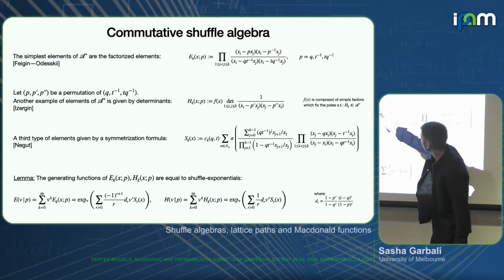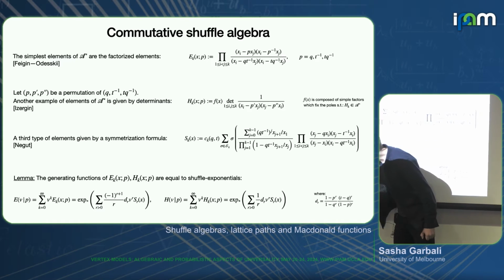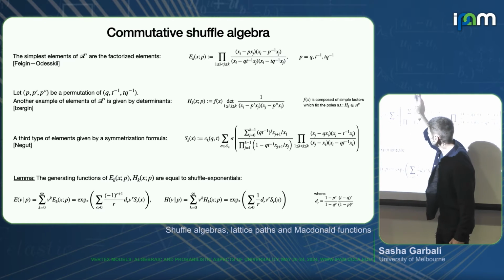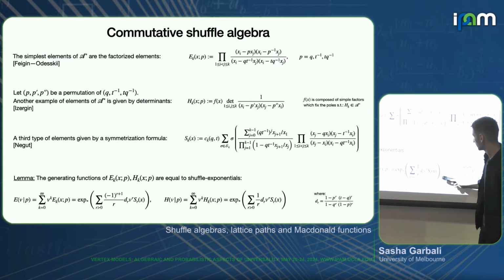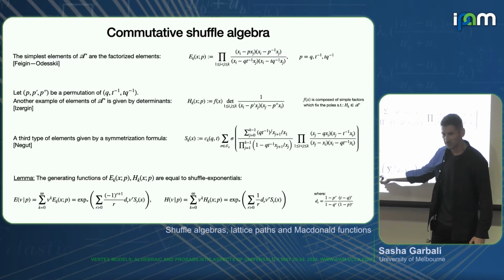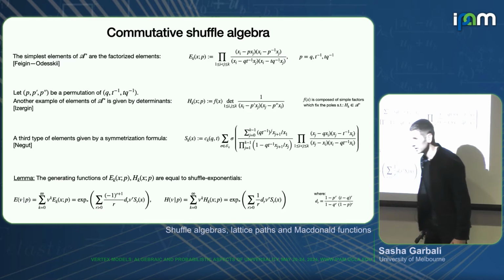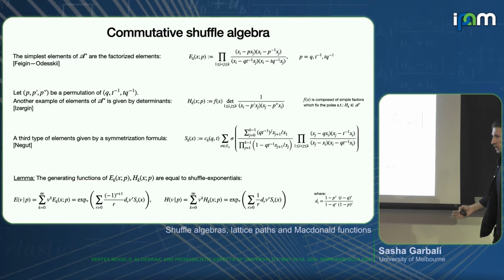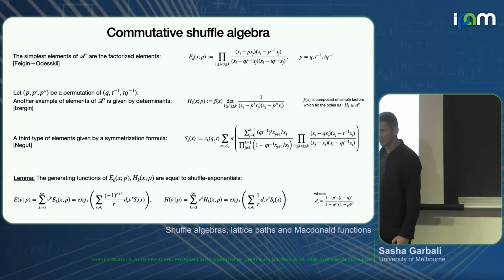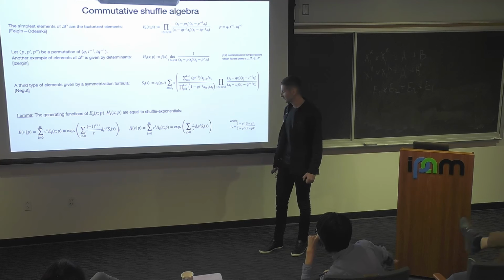So the generating functions of these elements are given by the exponentials of these elements. And the generating function of determinants are given by similar exponentials. If you look carefully at these two formulas, they're opposite, they're inverses of each other. I'm using letters E and H here, not randomly. I'm trying to make connections with the symmetric functions. E are elementary symmetric functions, and H's are homogeneous complete symmetric functions.